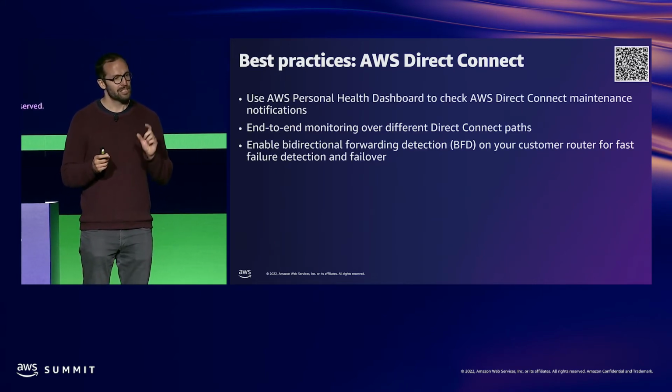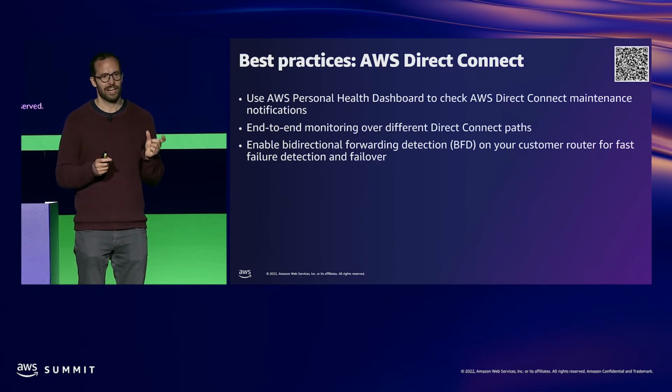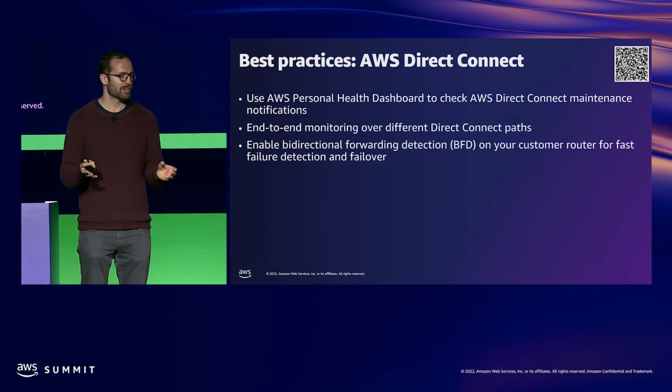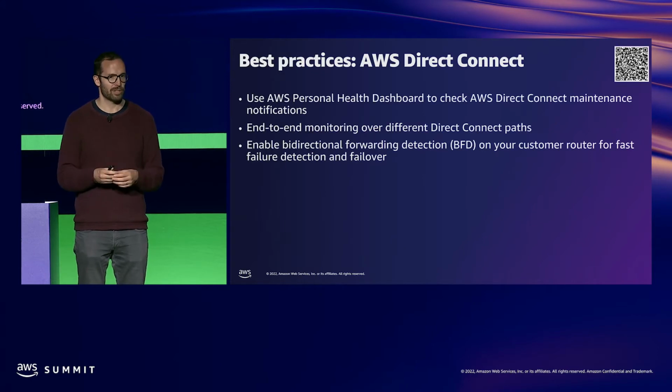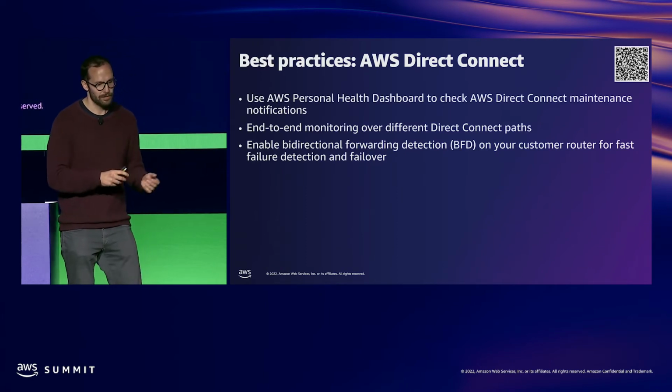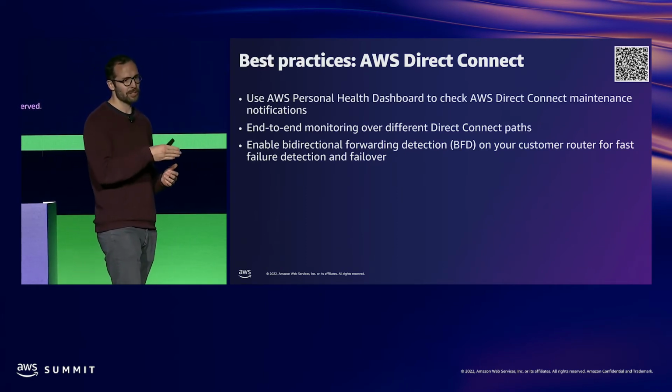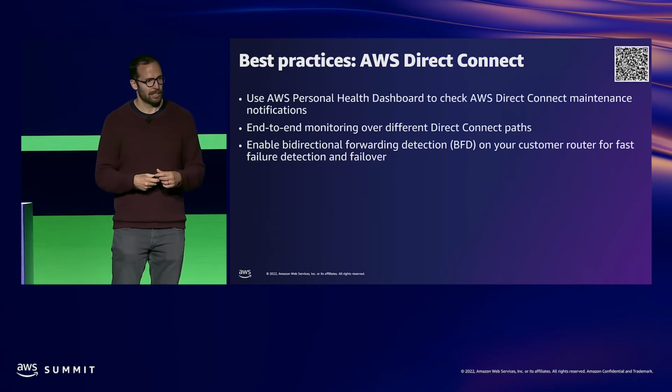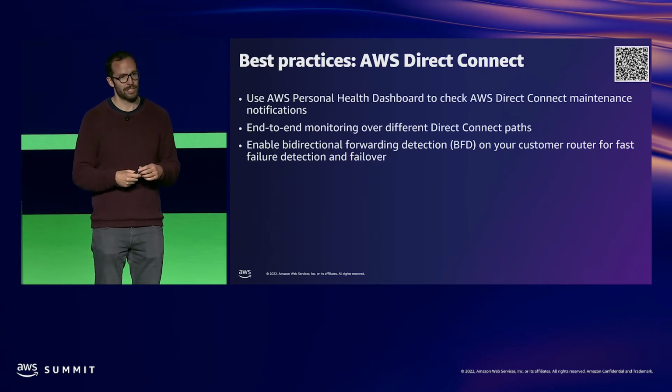What it does is it speeds up how quickly Direct Connect can detect a failure. So by default, Direct Connect uses eBGP as the routing protocol, and it can take between 60 and 90 seconds to figure out something's gone down and it needs to flip traffic. If you enable BFD, and you can do that on a per connection basis, it can take that time down to less than a second to detect a failure and switch traffic over to a different path.